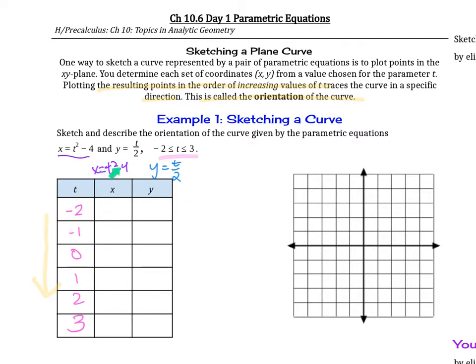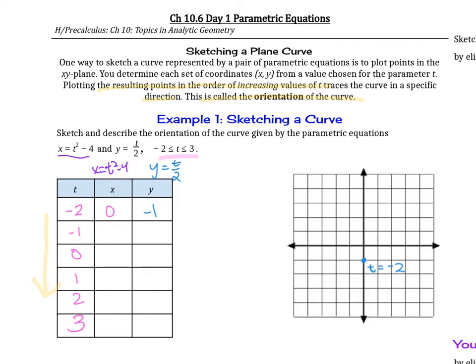Plugging it in here to get our x value, you get 4 minus 4, so we get 0. Then plugging it into the y equation, -2 over 2 is -1. So if we plot that point, 0, -1, that's when t equals -2.